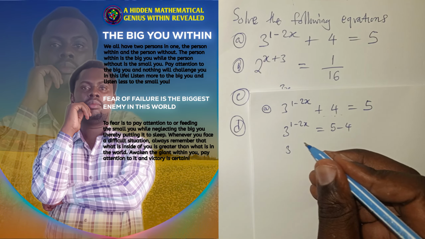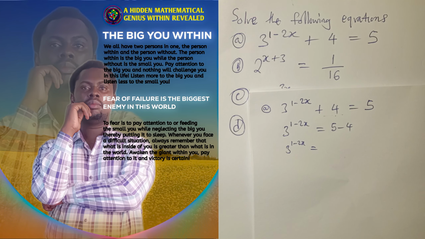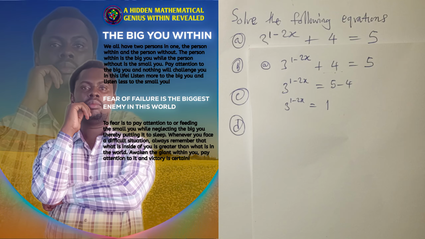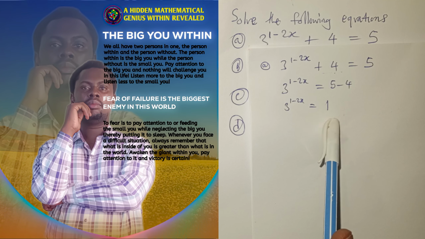So we have 3 to the power 1 minus 2x is equal to 5 minus 4, that is 1. So we know that for us to solve for x, we need to make sure that we have same bases. Here we have a base of 3, and this side we have a base of 1. So we need to make sure that we have a common base.